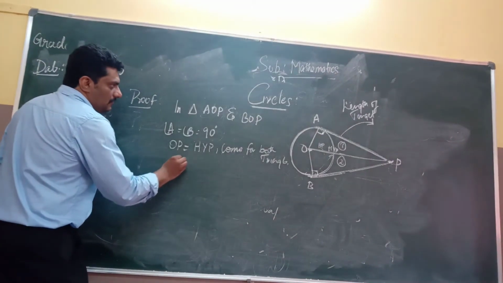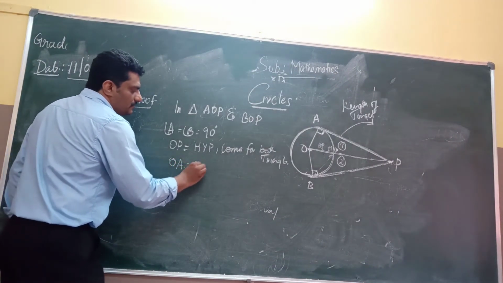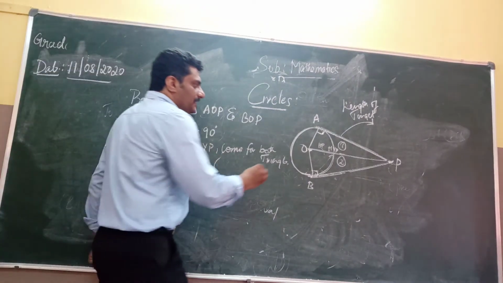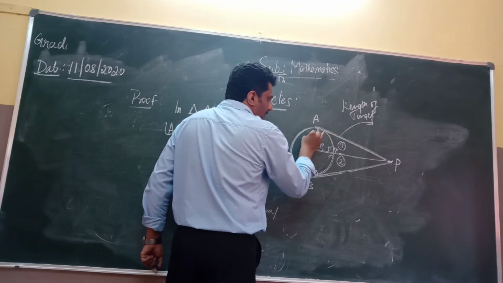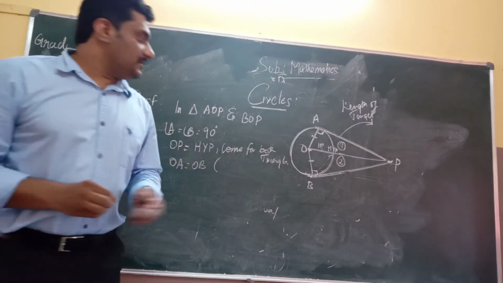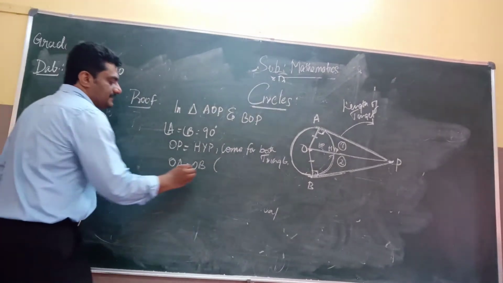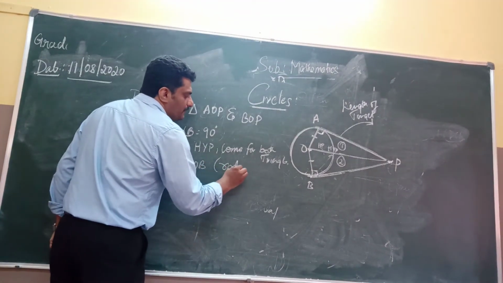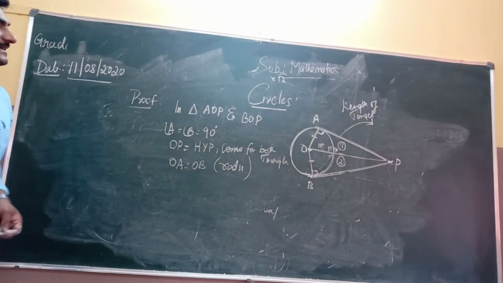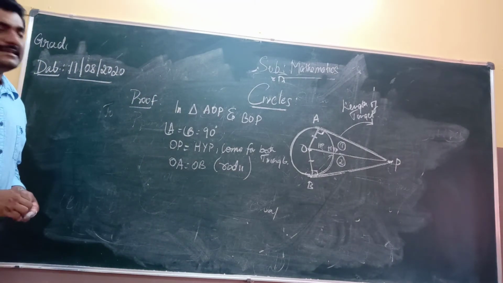Next one. Can I tell OA is equal to OB? Can anyone guess why? I am telling this line is equal to this line. Why are both equal? Because they are the radii. What is the plural of radius? Radii. They are radii, that's why they are equal.